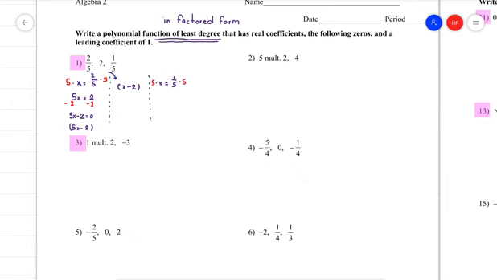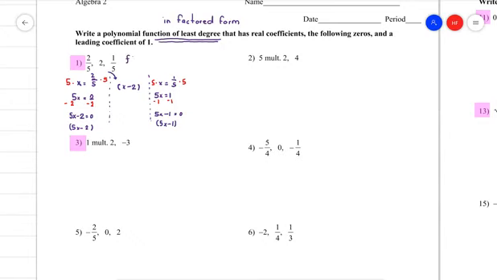So we're going to multiply by 5 on both sides. 5x is equal to 1, but I still need equal to 0, so I'm going to move that 1 over. And I get 5x minus 1 is equal to 0. So then my factor there is 5x minus 1.